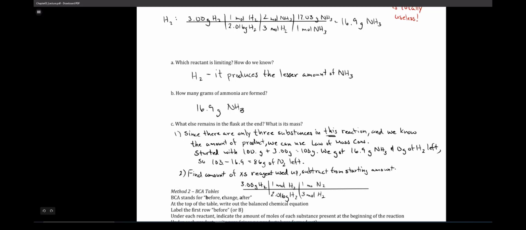Just one, yeah. And a mole of N2 is 28.02 grams. And my guess is that this is going to be 14 point something.